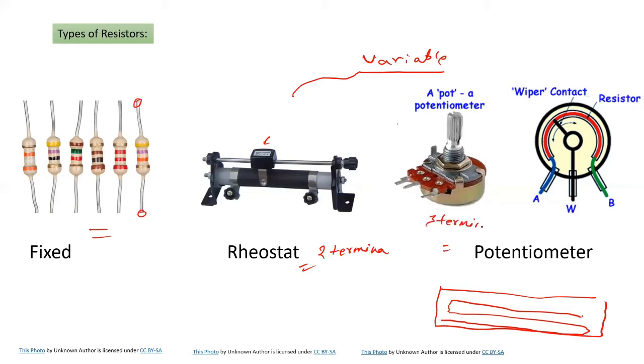That's the only difference; the working concept is the same. In the potentiometer there is a wiper contact inside. This wiper moves, and accordingly we get the desired resistance value. So you should know these fall under resistors: fixed resistors or variable resistors. Is this clear? Rheostat is a two-terminal device and potentiometer is a three-terminal device. Both are variable resistors.